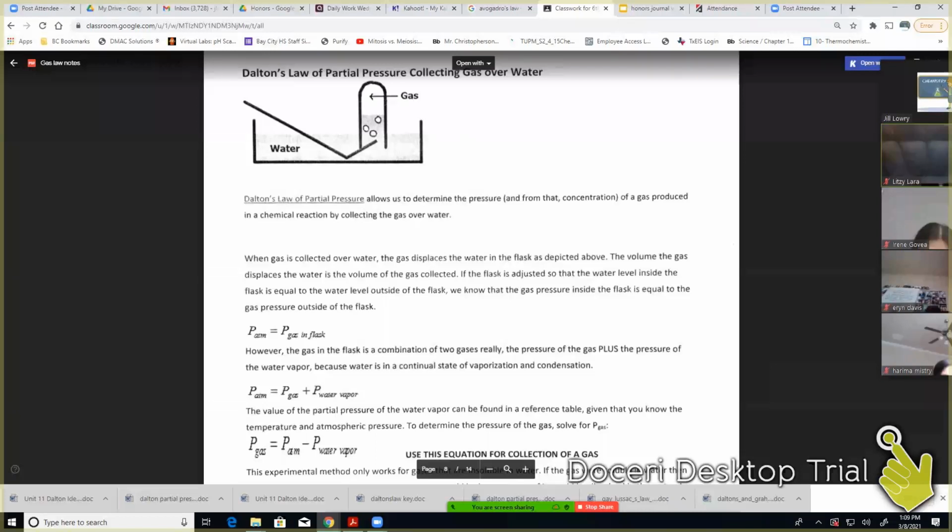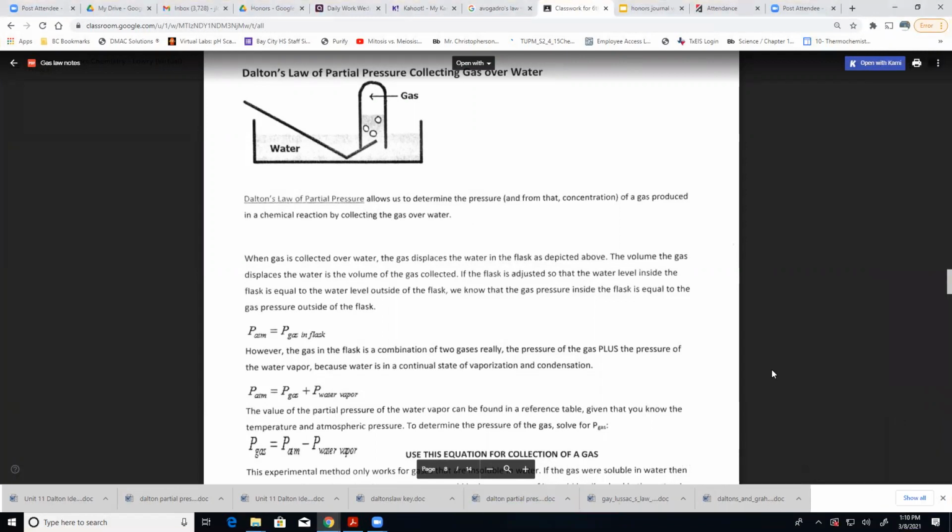So that has to be taken into account. So if I wanted to find out what the amount of gas that was collected, I have to use a table to get my water pressure at that temperature.